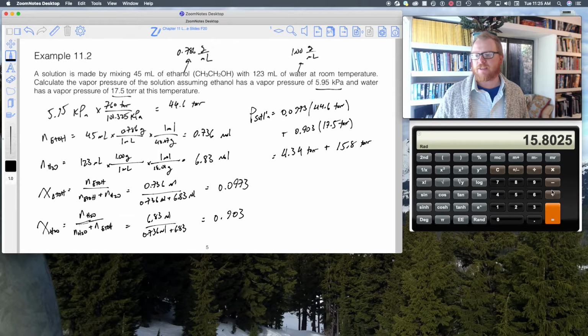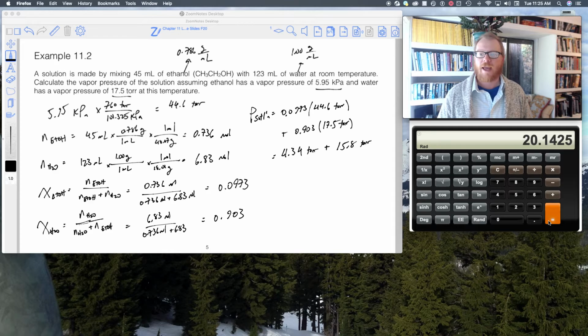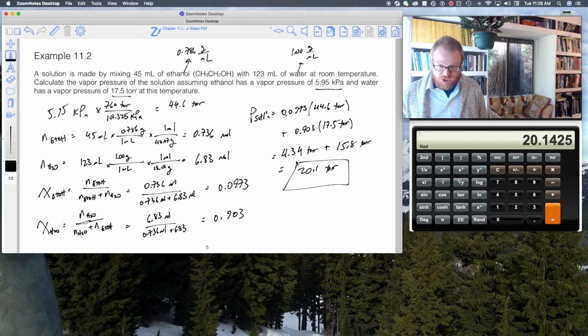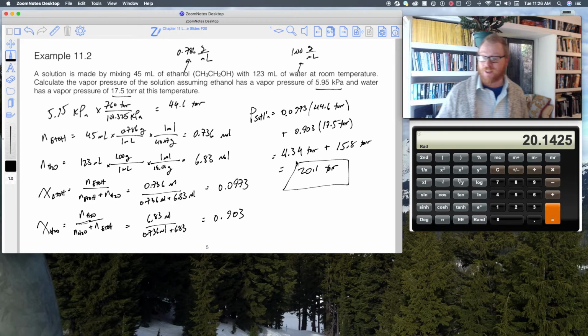Okay, so adding these together, plus 4.34 equals, and I get, with the correct sig figs, 20.1 torr. So there was a fairly significant change to the vapor pressure of water with this ethanol solution. The vapor pressure increased. And that's because ethanol has a much higher vapor pressure than does water.